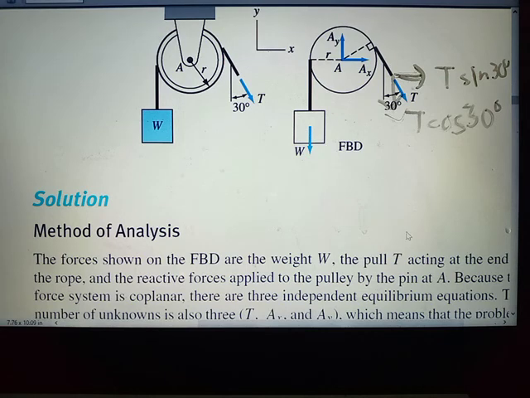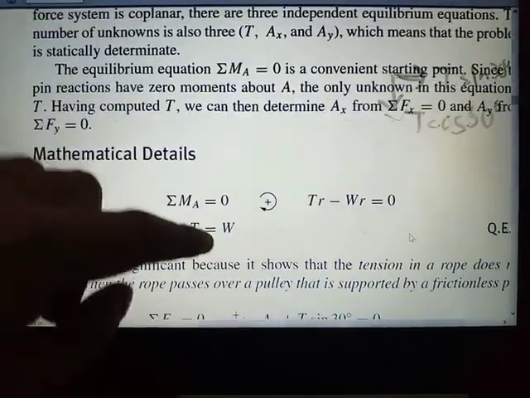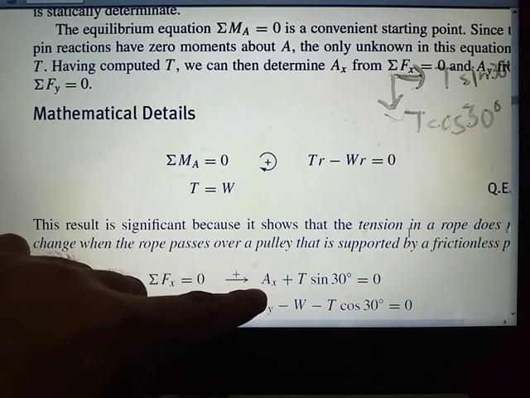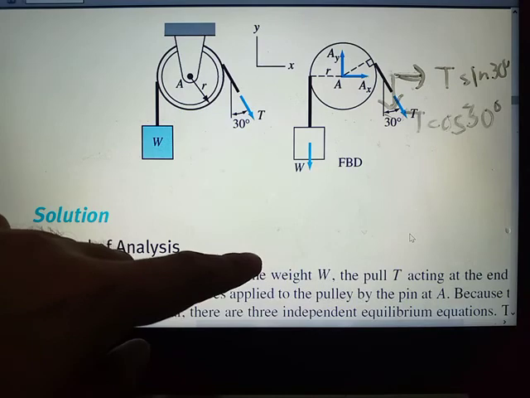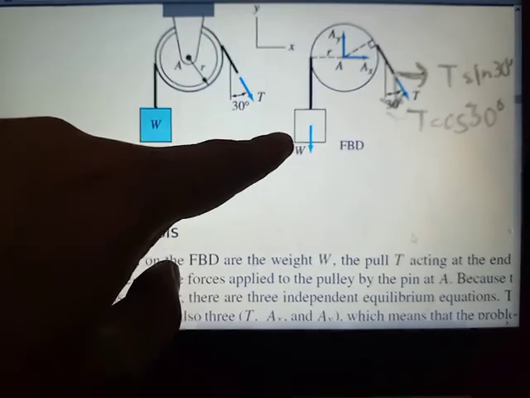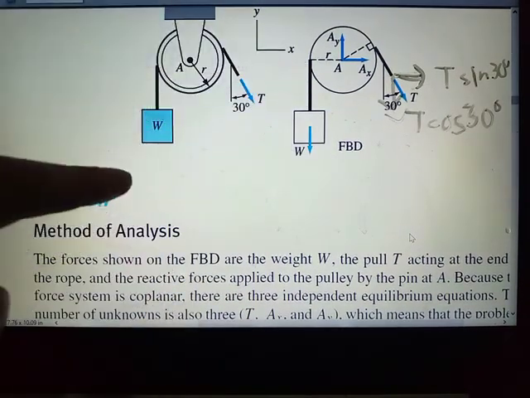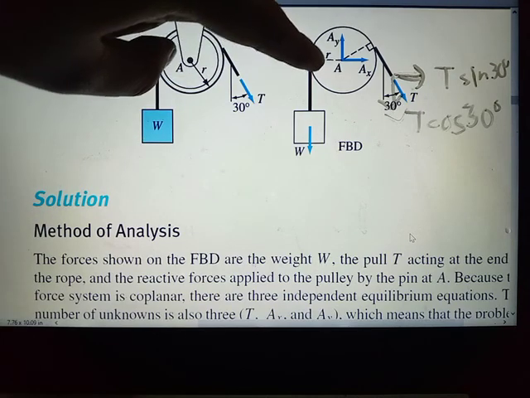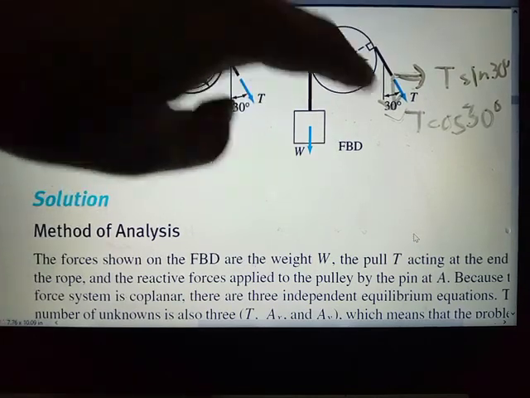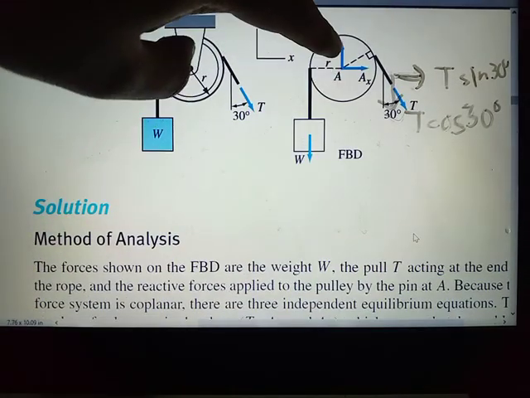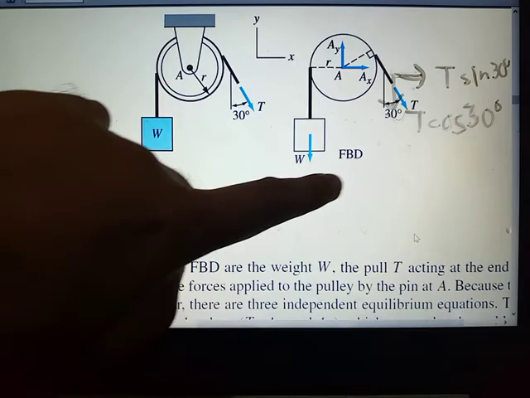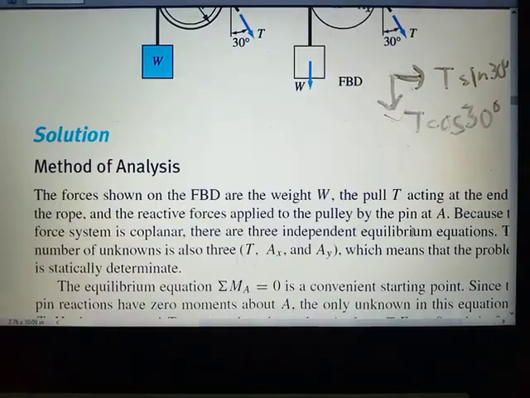That's why we have AX plus T sine 30 degrees. Now, summation of forces along the y-axis: AY minus T cosine 30 degrees minus W. AY is positive, T cosine 30 degrees is negative, and W is negative.